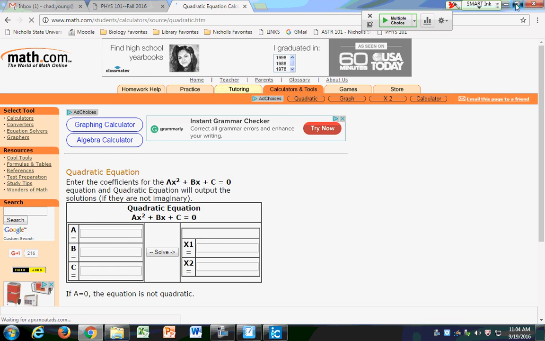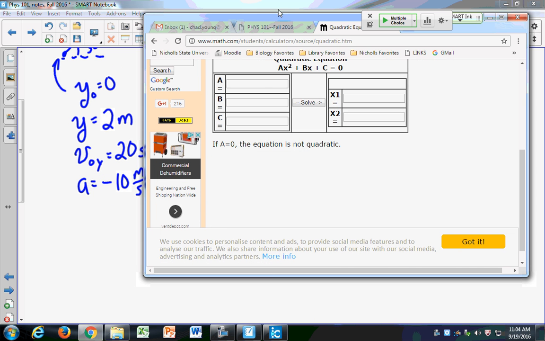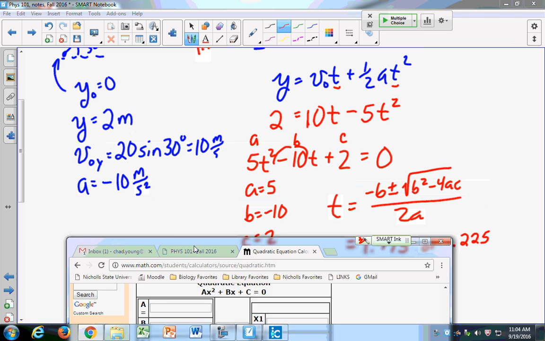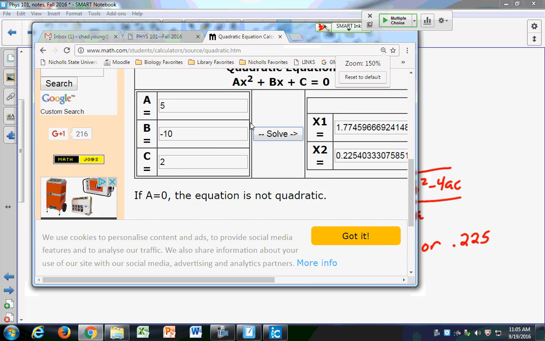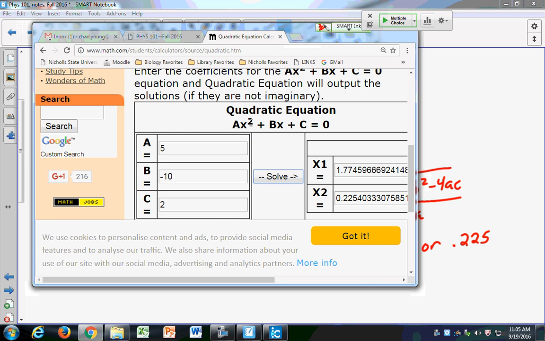Then we just put in our values for A, B, and C. What was it? A 5, negative 10, and 2. And there's our times, 1.775 and 0.225. Just put in my values for A, B, and C, and then I get my two valid solutions to that equation.